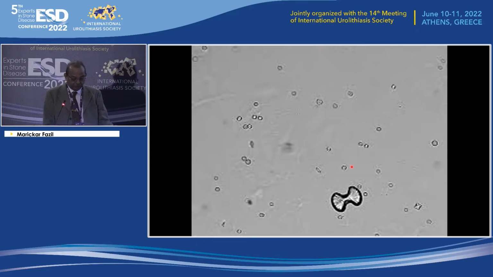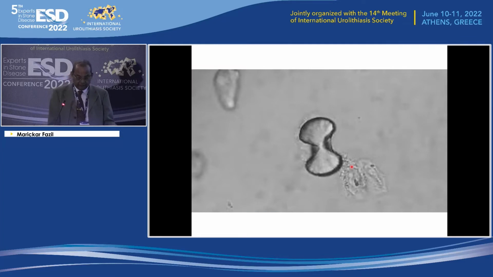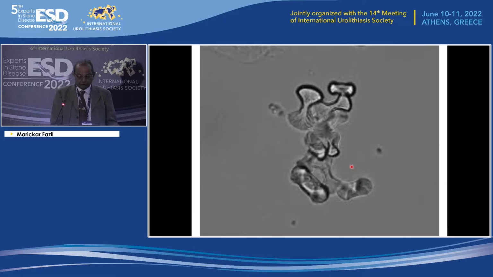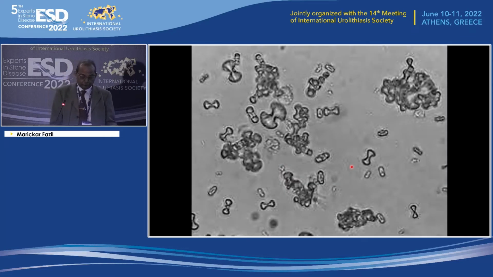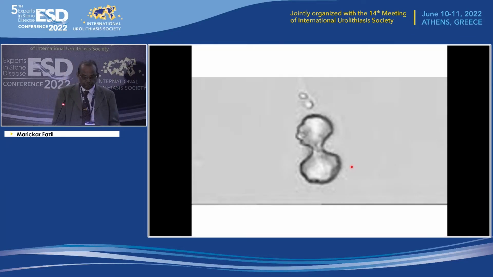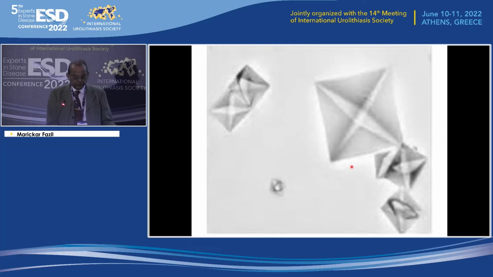A typical dumbbell-shaped crystal. The size of the crystal is also very, very important, because the larger the crystal, the higher the metabolic potential for the formation of stones. Here we get aggregation of the crystals to form the ultimate stones. Calcium oxalate dihydrate is considered to be a normal phenomenon in many people, but we do not consider so.